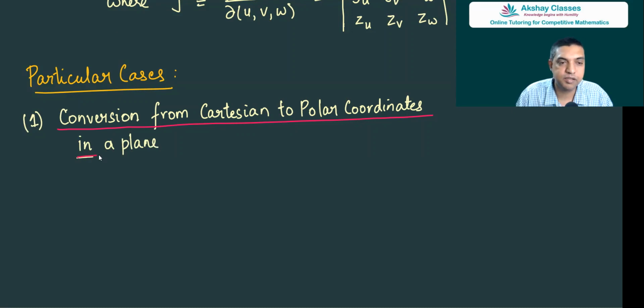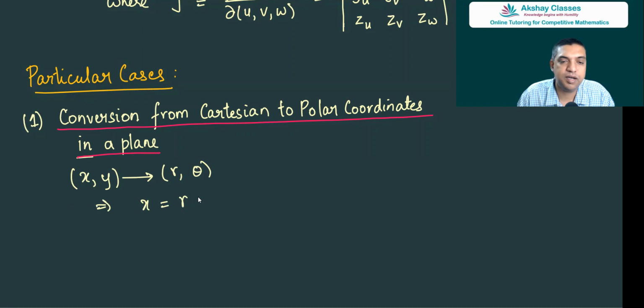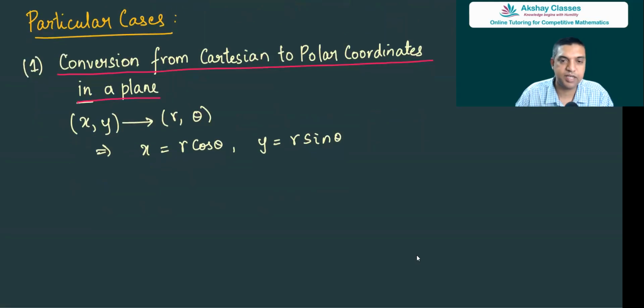So in a plane, x, y gets transformed to r, theta. So x is equal to r cos theta, y is equal to r sin theta. Okay. So what is the Jacobian?